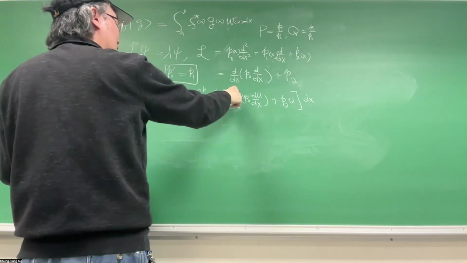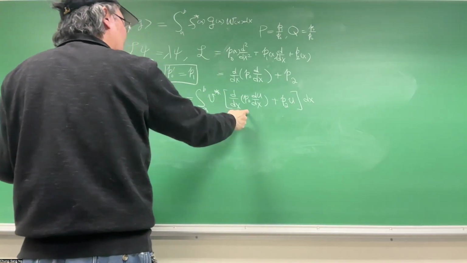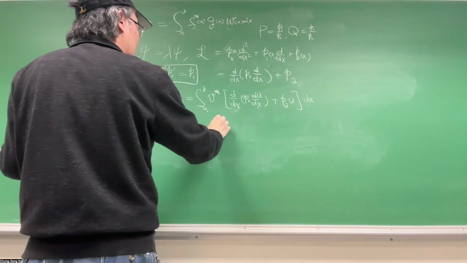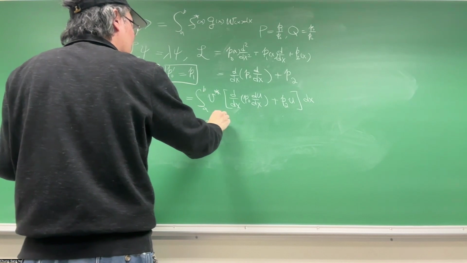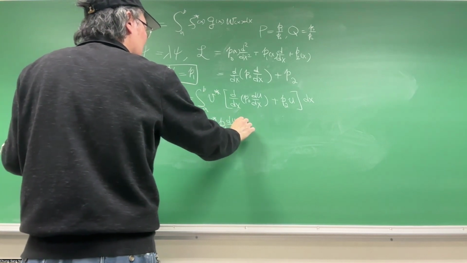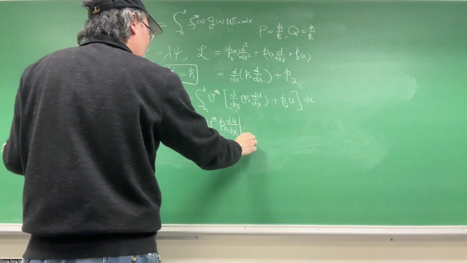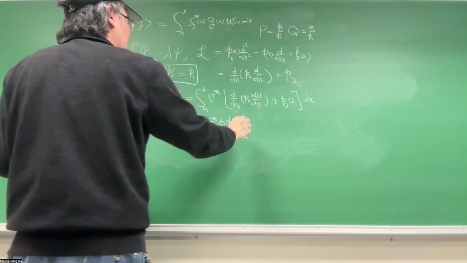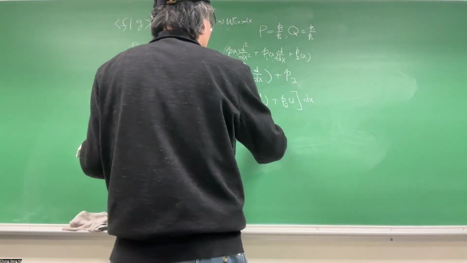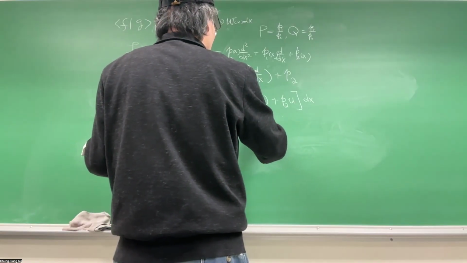Because this is a total derivative, for this one you can do an integration by parts. The integration by parts will be v complex conjugate p sub 0 du/dx, evaluated at limits a and b. And then for the first one you have a minus.